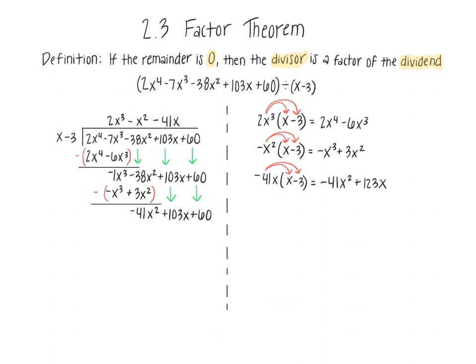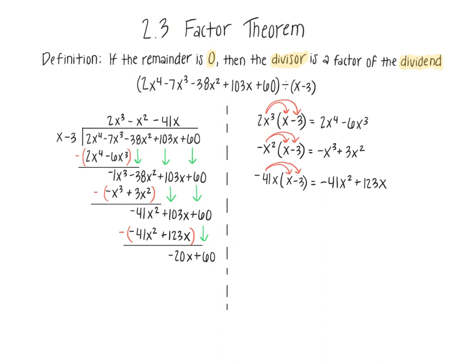And then we subtract that from the dividend, so -41x^2 + 123x. I'm going to place that inside of parentheses, negative sign out front, so my first terms cancel like they should. My second term is 103x minus 123x, which leaves me with -20x + 60.